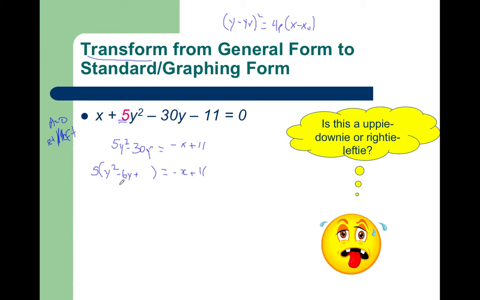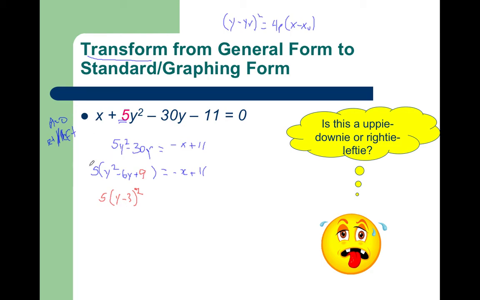Completing the square means I'm going to divide that negative 6 by 2 and get y minus 3 to create a squared group. That's not legal though until I take negative 3 and square it and get 9 here. Now y squared minus 6y plus 9 can be factored as y minus 3 quantity squared.